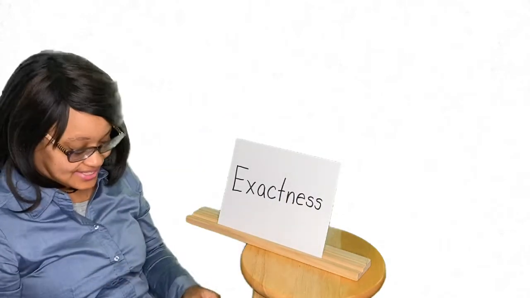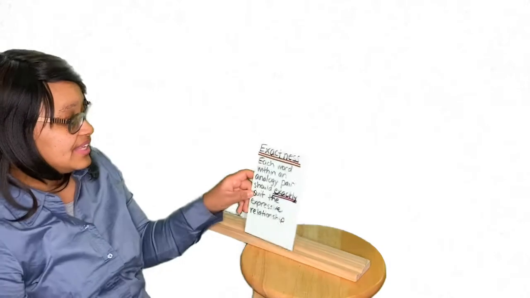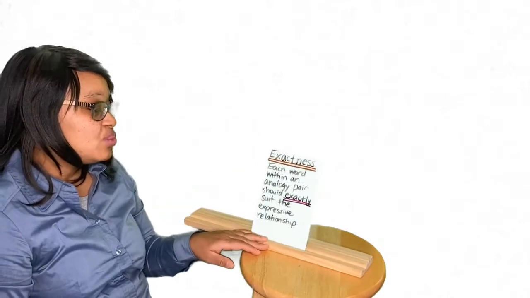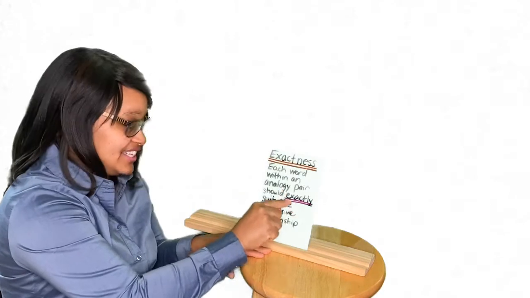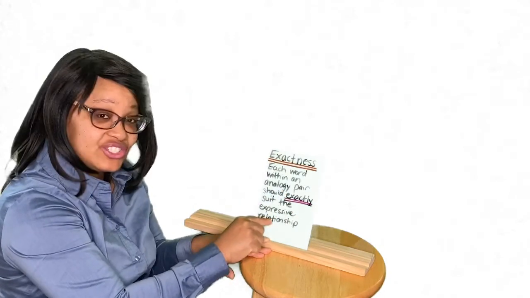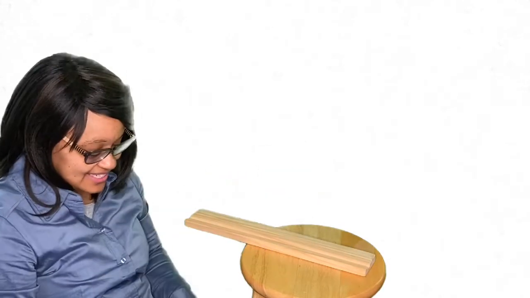So the E stands for exactness, and if you can recall, each word within an analogy pair should exactly suit the expressive relationship. Exactly. And when we talk about exactness, we want to see that it fits perfectly without any extra added adjustments.